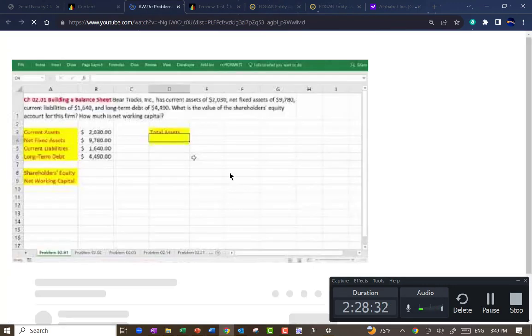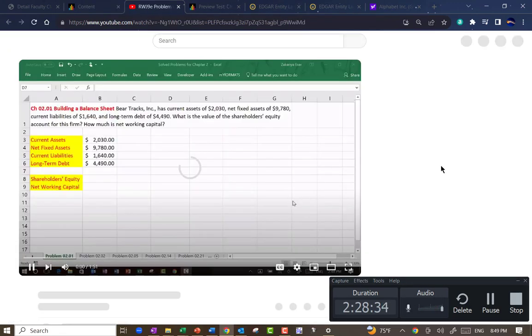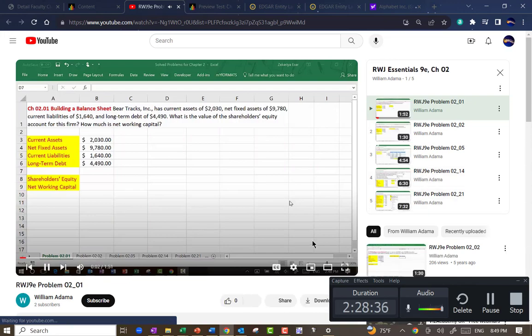For example, in this problem, we are given, basically, these are the problems. If you go through those videos and understand how I solve them, the problems in the homework are entirely similar. Obviously they're not identical, but they're similar.